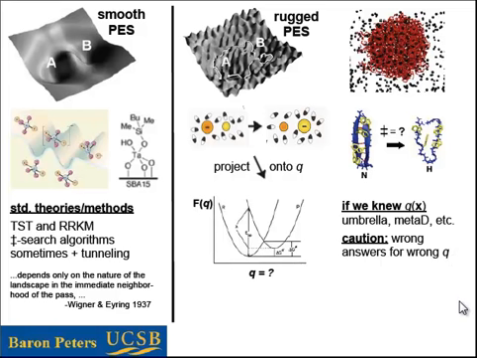So I want to emphasize something that may not have occurred to people, and that's that when you look at these cases right here, the case of electron transfer theory and the case of transition state theory and RRKM theory, these are, by many measures, I would say, the three most successful reaction rate theories that we have. And what makes them successful is that they are simple.